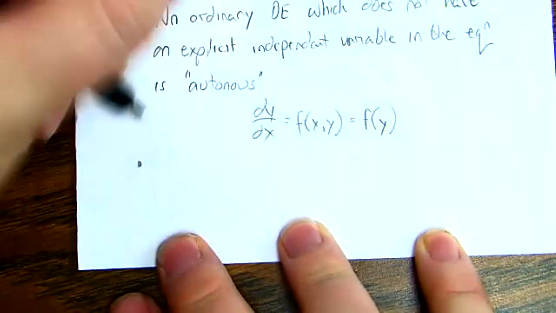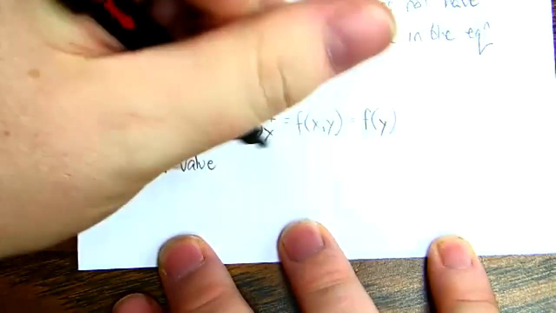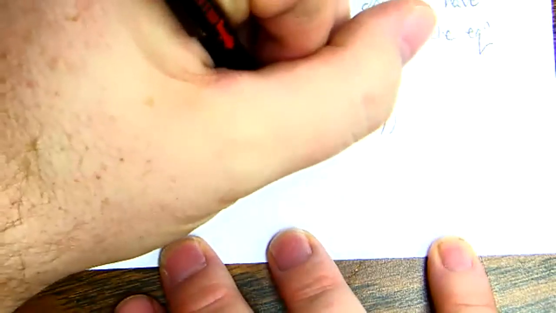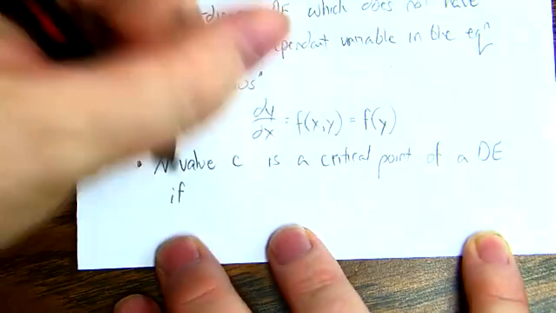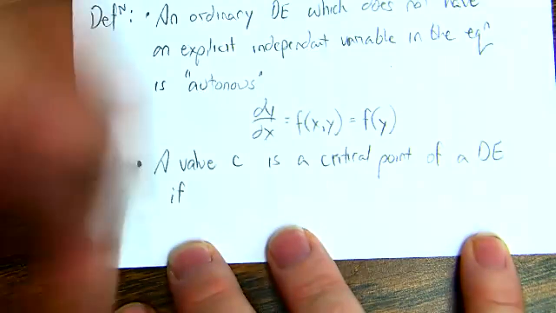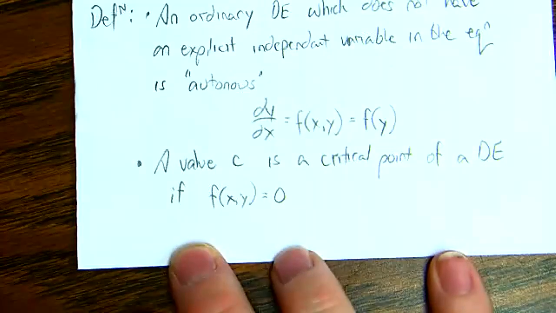All right, next definition. A value c is said to be a critical point of a differential equation if f of x, y is equal to 0 at c.